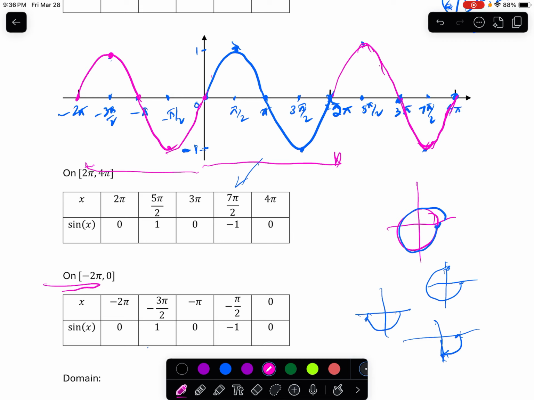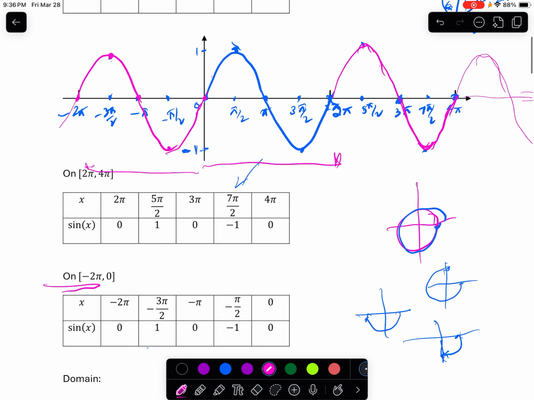Okay, a length of 2 pi. So again, if this goes on, then it will again do this thing. And similarly on this side. And how long? It goes forever, because the domain is negative infinity to infinity.